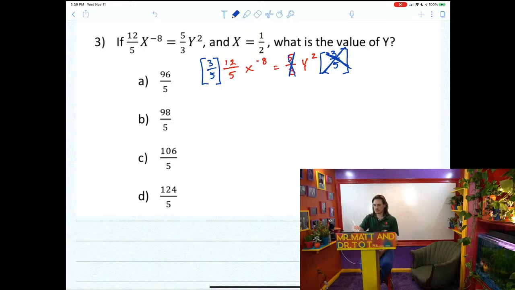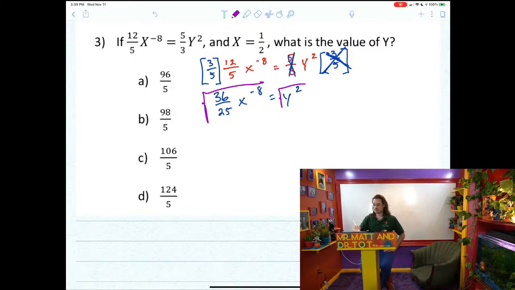And then multiplying across, I'm going to get 36 over 25, x to the negative 8 is equal to y squared. Now this is tricky because if you take the square root now, which we're going to do, we want y, not y squared. So I need to take the square root of both sides. But you need to make sure that you include everything in that square root.